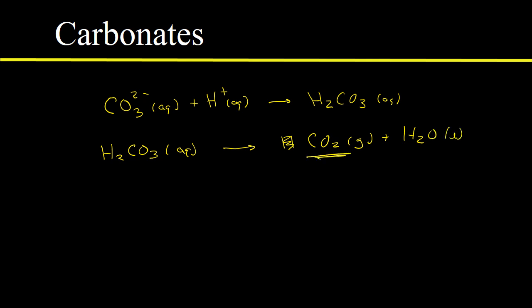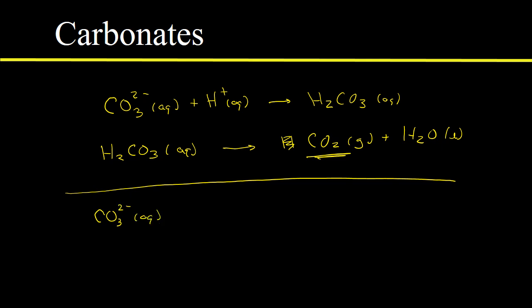So the net result is that anytime you have a carbonate salt and you react that with, I should have 2 here, and you react that with hydrogens, ultimately the product is going to be CO2 and water, right?